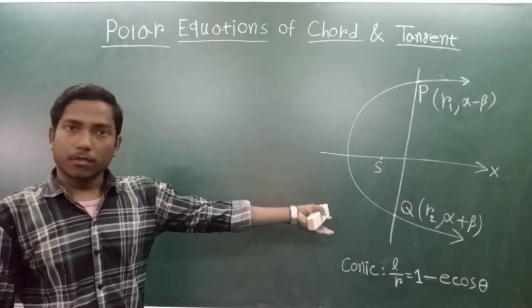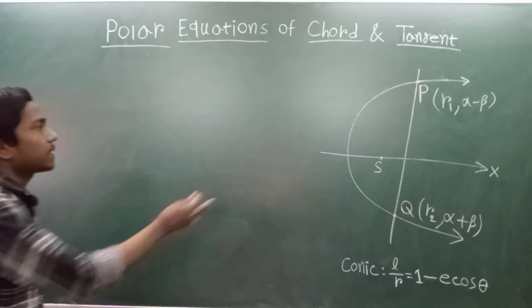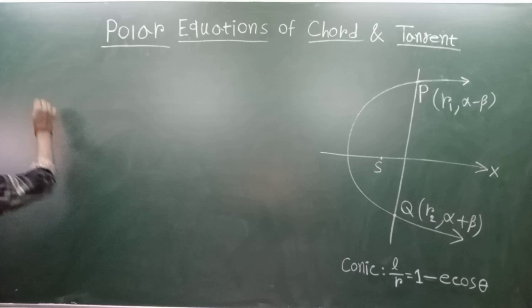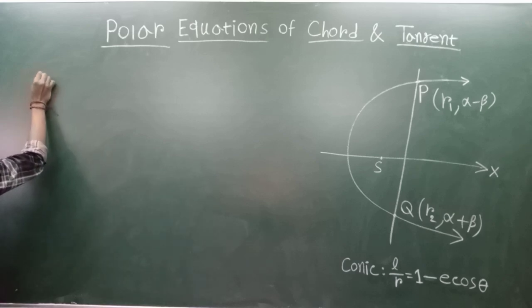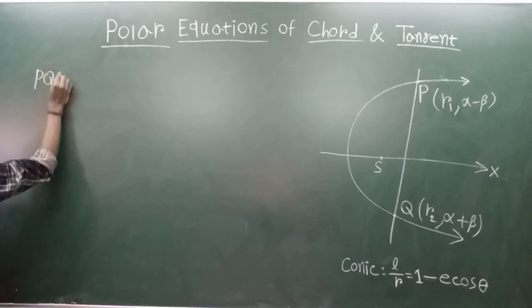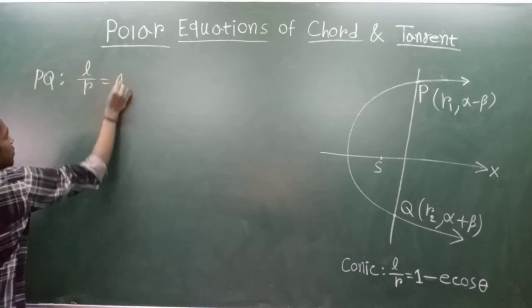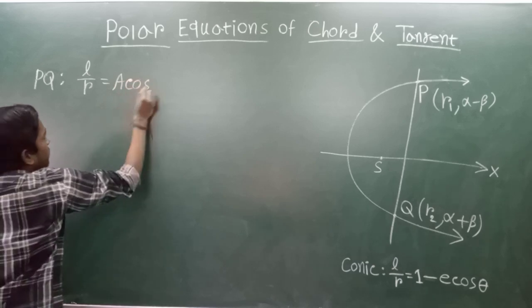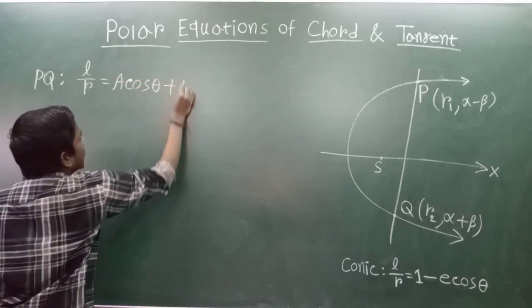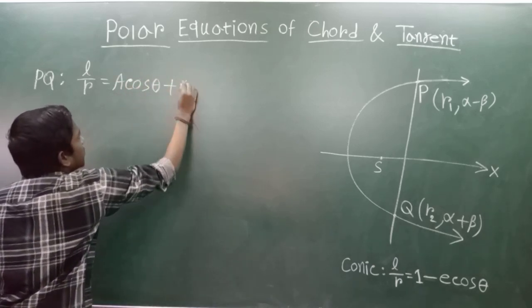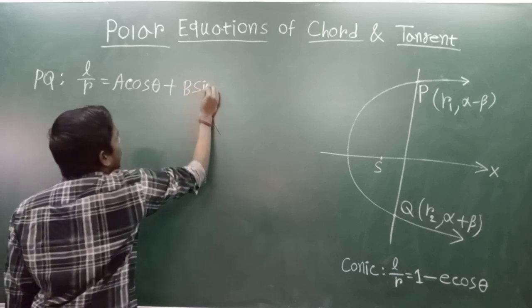Now the chord is a straight line, so we can assume its equation. The equation of PQ is given as l by r equals A cos theta plus B sin theta.